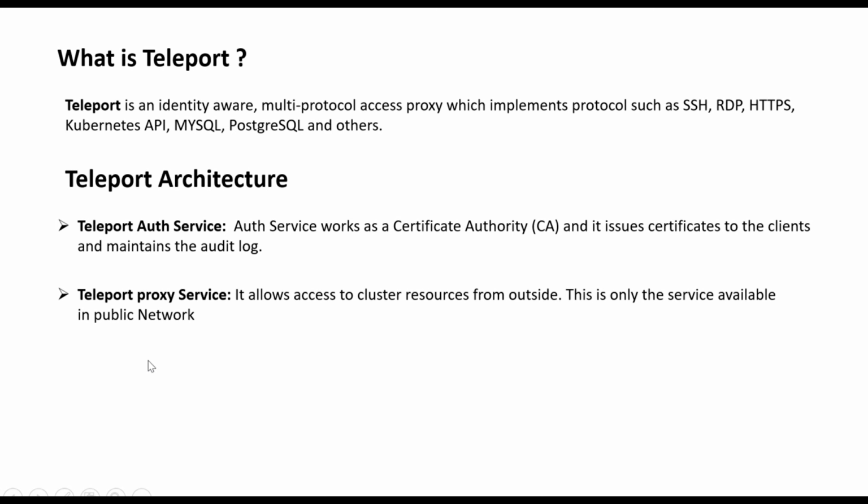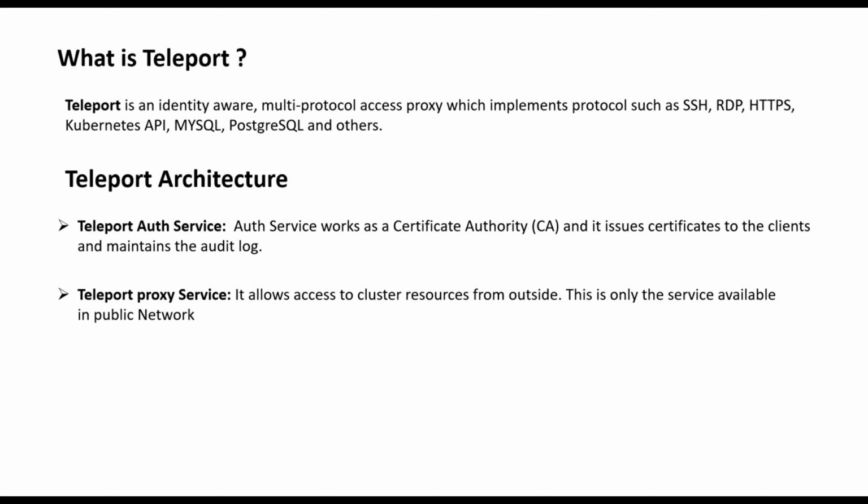Now secondly comes the Teleport proxy service, and it allows access to cluster resources from outside, and this is the only service available in the public network. So basically this proxy service is listening in the public network, and let's suppose that I as a user try to connect to some resources inside the Teleport cluster, and those resources are Kubernetes clusters.